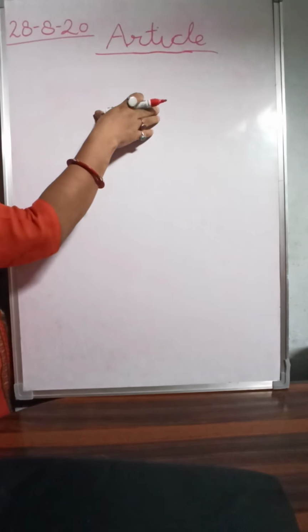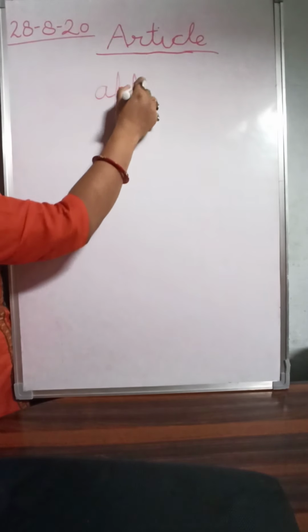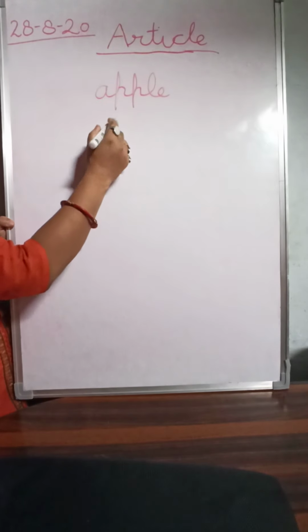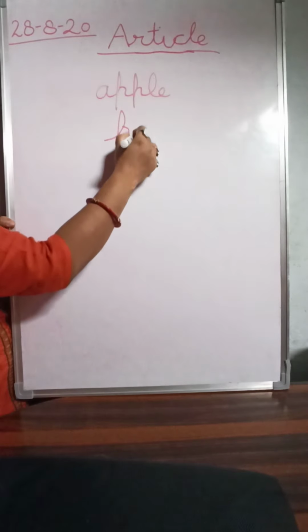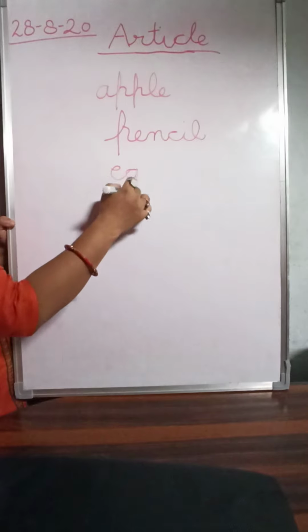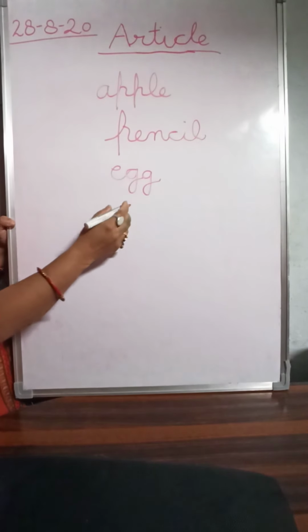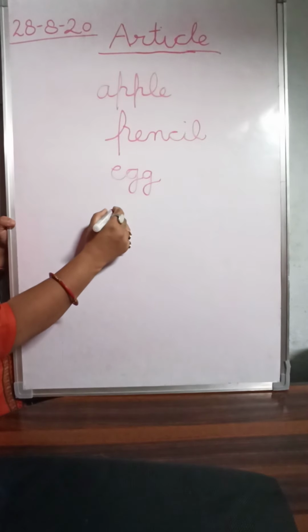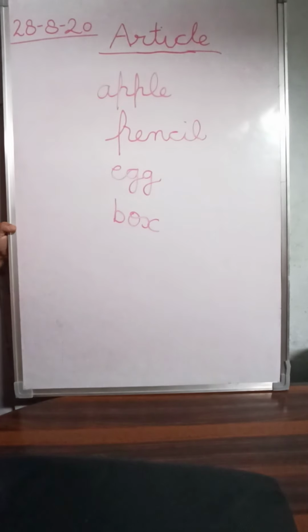Friends, if I write any word, see, here I have written apple and here I have written pencil. Again I am writing here egg, and here I am writing box. Okay children, now see.